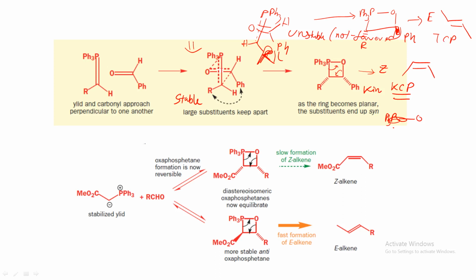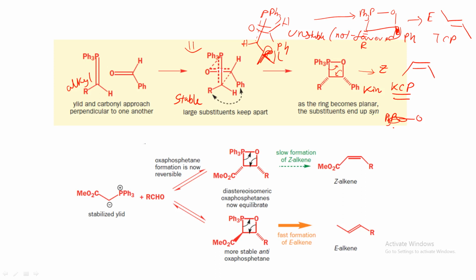Now coming to the key differences between stabilized and unstabilized ylides. Look at this particular arrow. It is an unstabilized ylide, right? Because R here is an alkyl group, there is no stabilization. So you can see it is an irreversible step; it is an irreversible process.